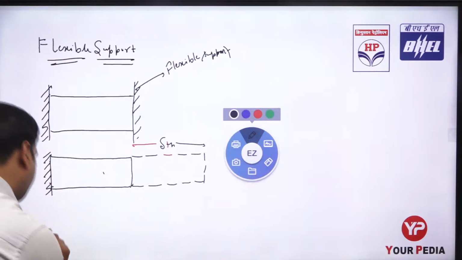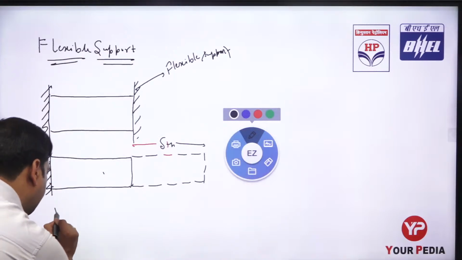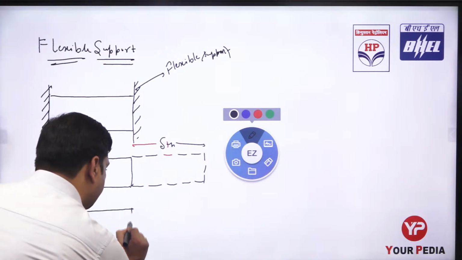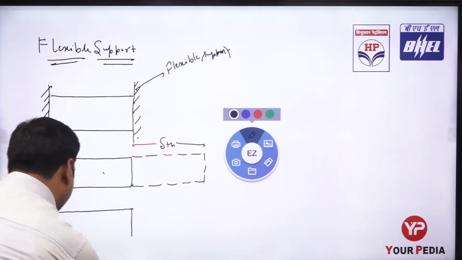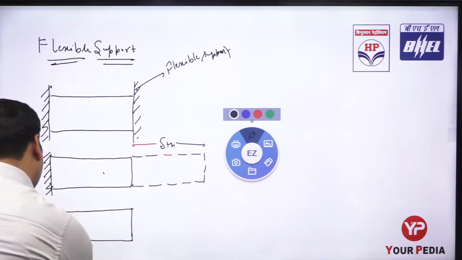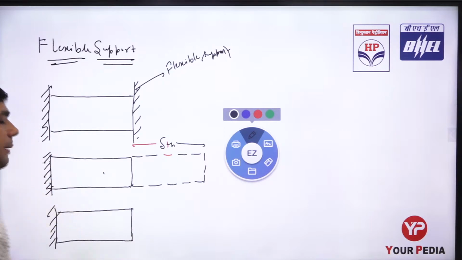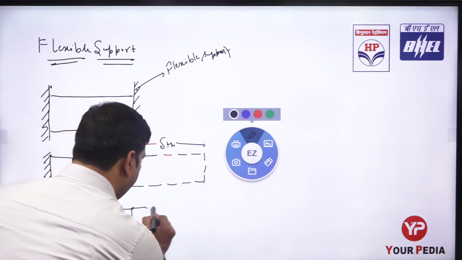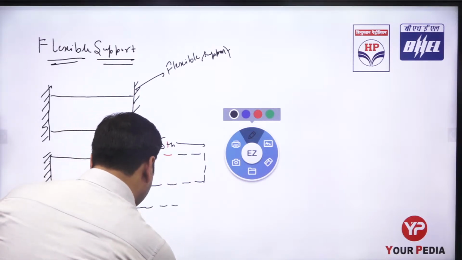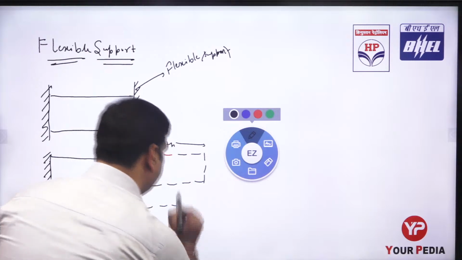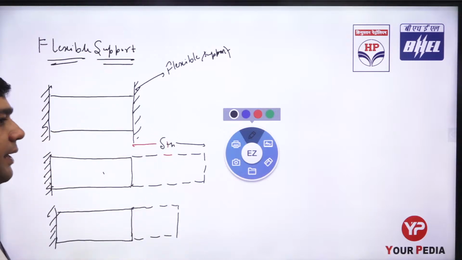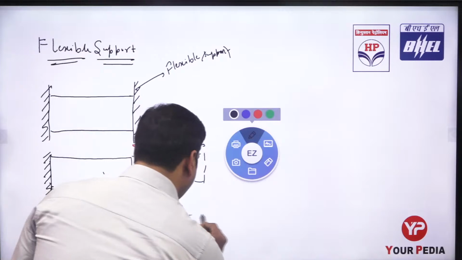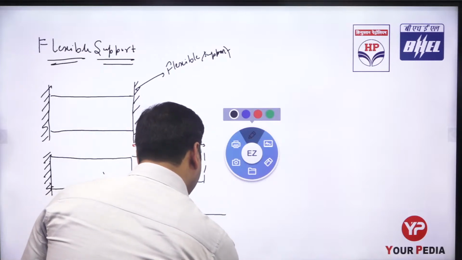Now I am talking about applying a flexible support at the end. What will happen in this case? Some deformation is going to be restricted because of the reaction provided by the flexible support.